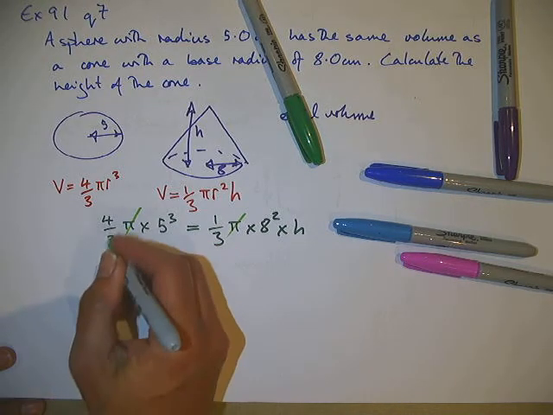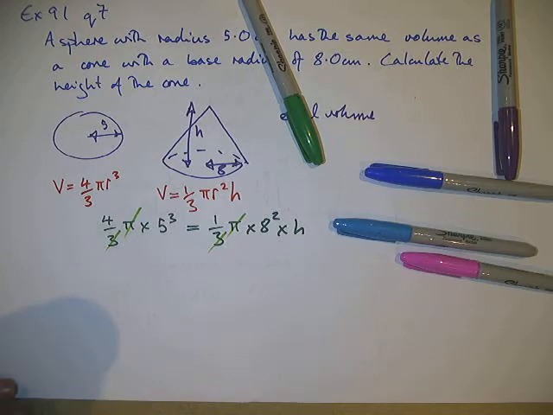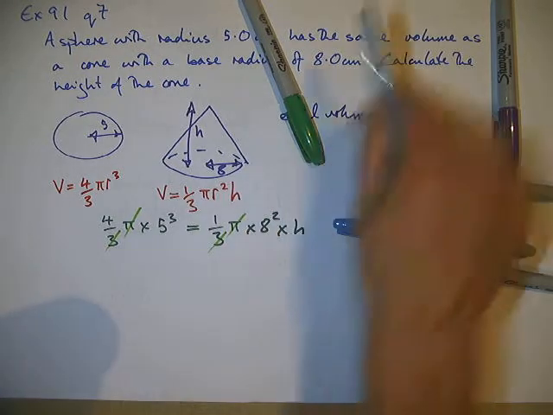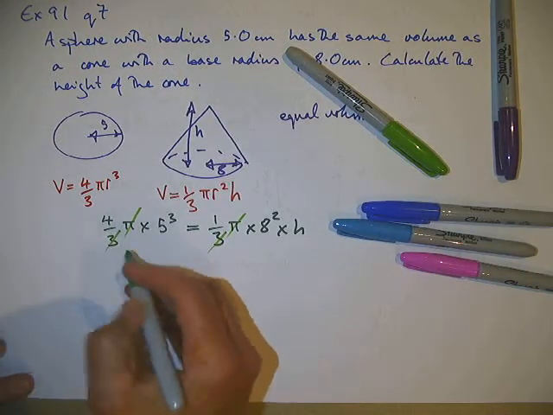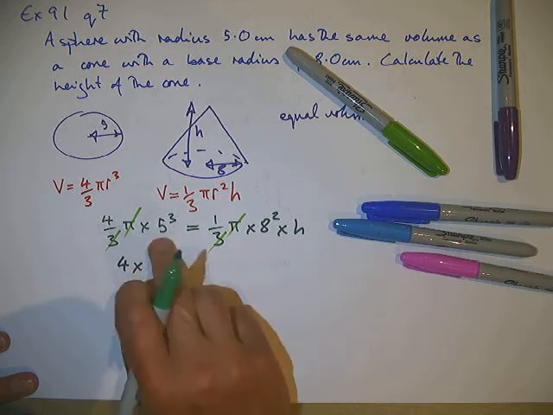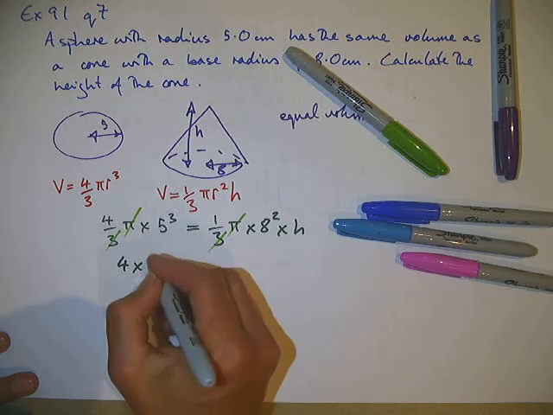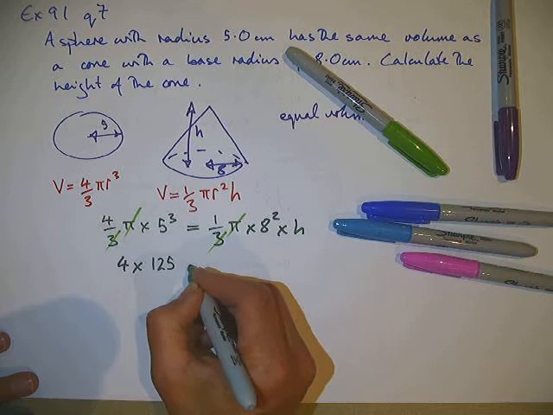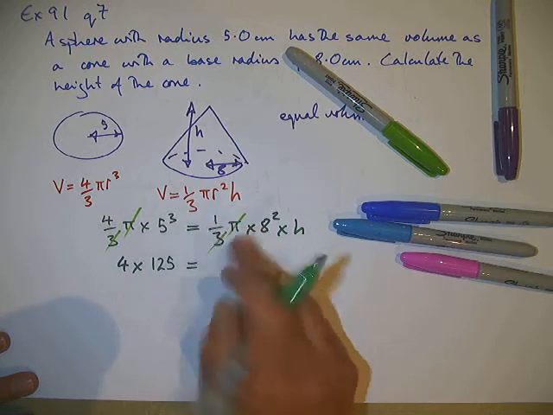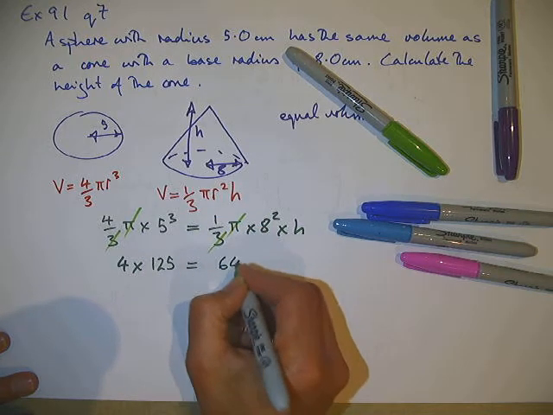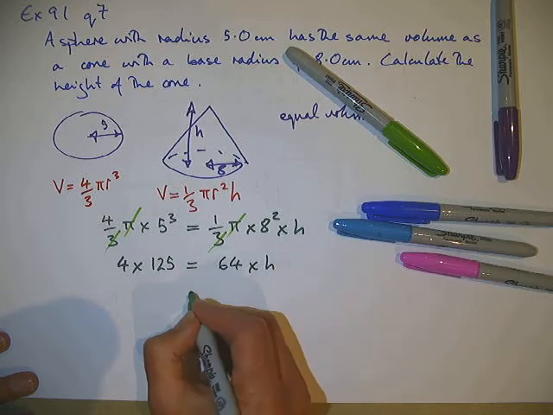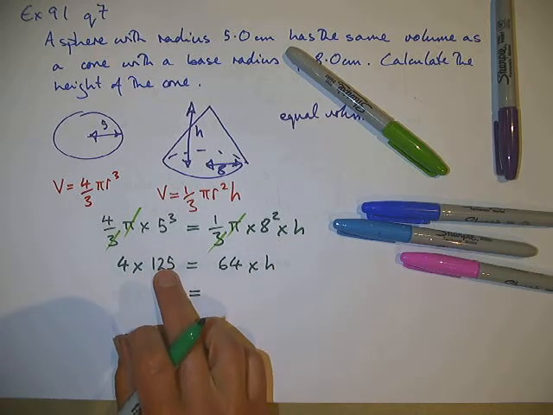Third appears on both sides as a factor. So what are we left with? We're left with 4 multiplied by 5 cubed, which is 125, is equal to 1 times 8 squared times the height.